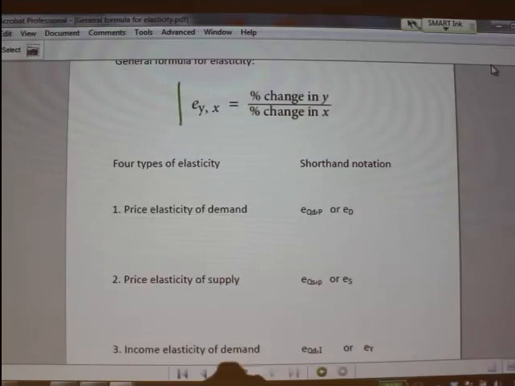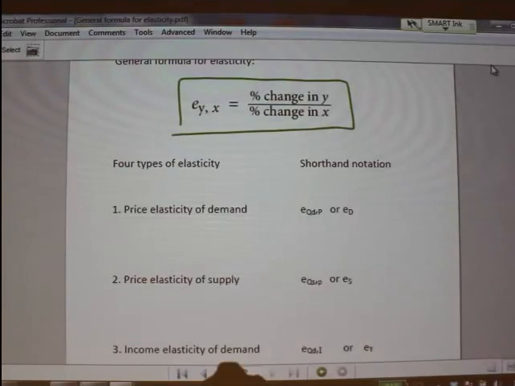So this is a general formula. And so for price elasticity of demand, rather than saying this kind of long expression, we can write just E sub Q comma P. So if you relate it back to up here, Y would be, in this case, QD, and X in this case would be P.